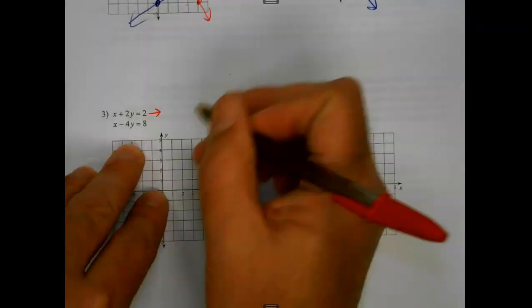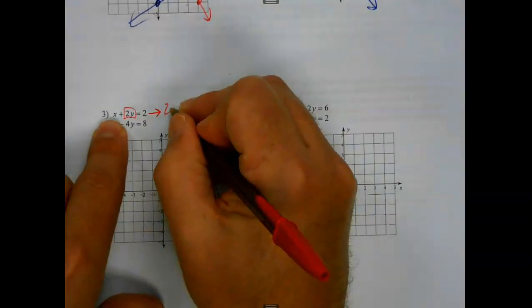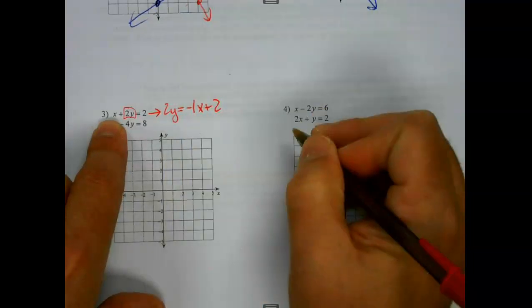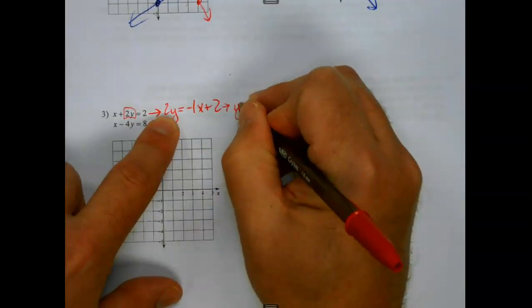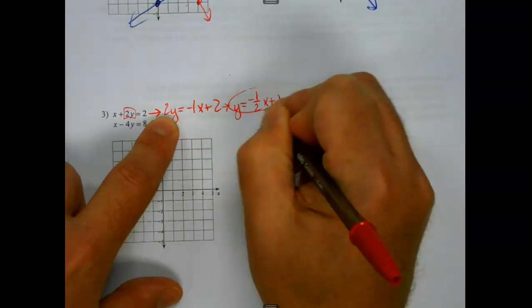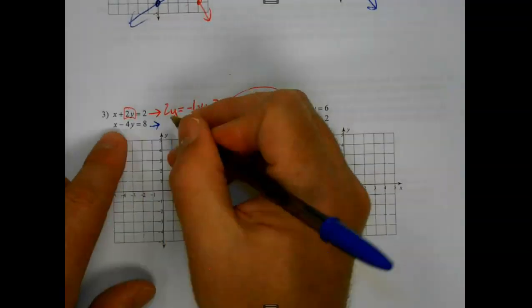So here, if I want to get my y by itself, my first job would be to subtract x over. So we're going to minus a 1x to each side. And then to get y alone, we're going to divide both sides by 2. And yes, you can get some fraction stuff. And that's okay. Same thing here.